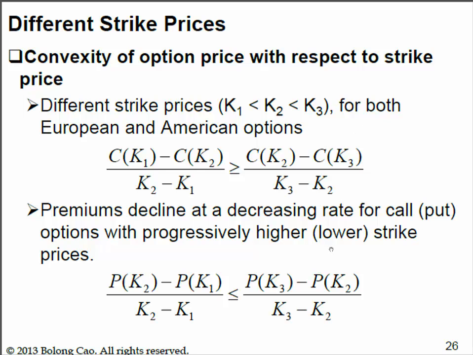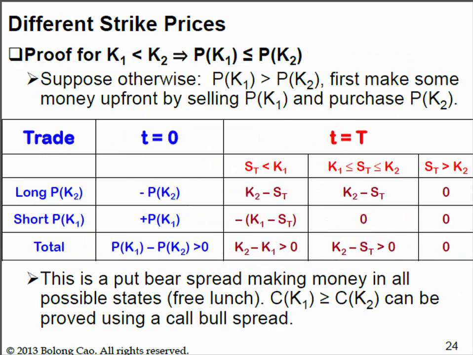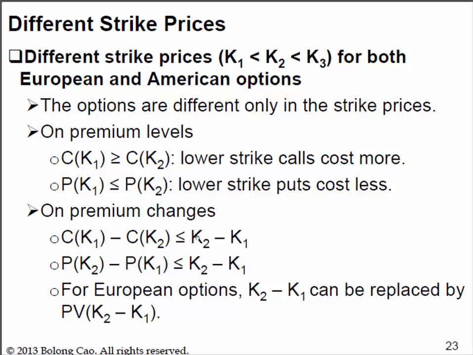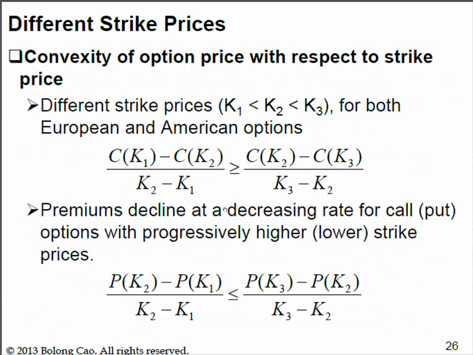So that's what this inequality is saying. And as we have seen before, we know that the change in the call premium is less than the change in the strike price. So both sides of this inequality are less than 1. Let's say from K2 to K1, and K3 to K2, the change in strike is both $10.